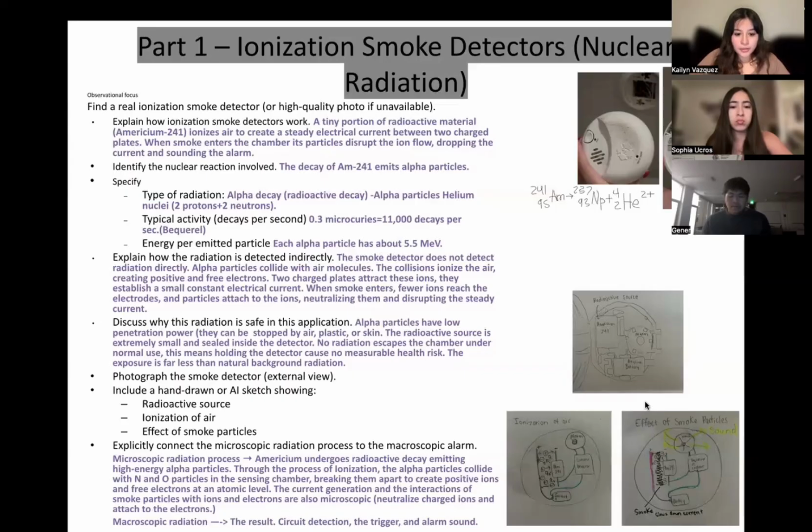Another microscopic process is the current generation and the interactions of the smoke particles with the ions and electrons. And the macroscopic result is the circuit detection, because you can see the circuit up here at the top, the trigger, and the alarm sound, because obviously you can hear it when the current is disrupted.